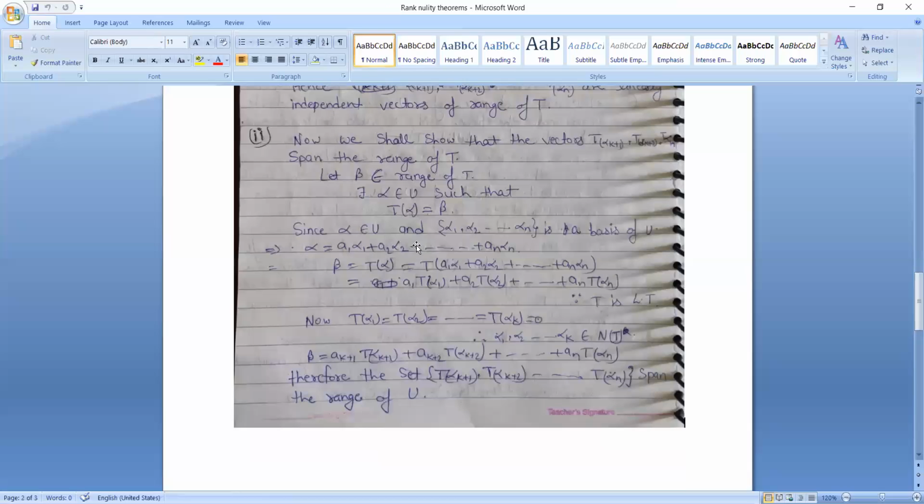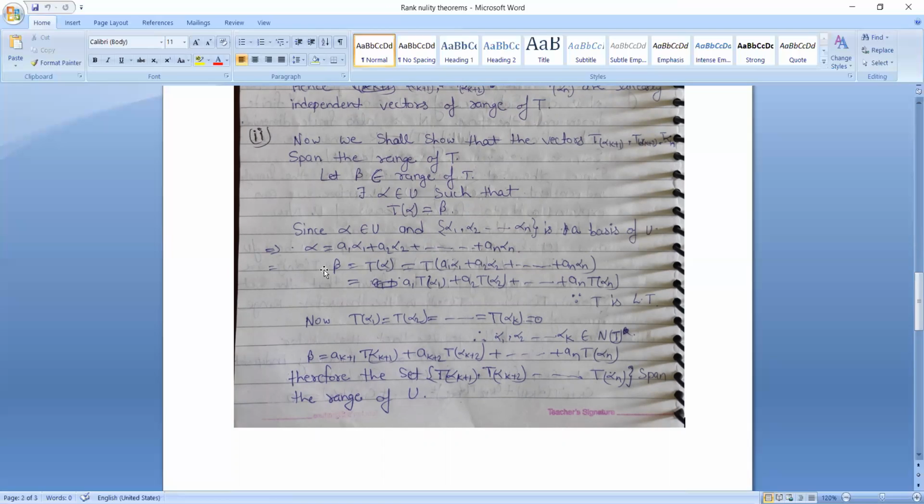Since alpha belongs to U and alpha 1, alpha 2 and so on alpha n is a basis of U, that implies alpha is equal to A1 alpha 1 plus A2 alpha 2 and so on An alpha n, and beta is equal to T of alpha, that implies T of A1 alpha 1 plus A2 alpha 2 plus and so on An alpha n.